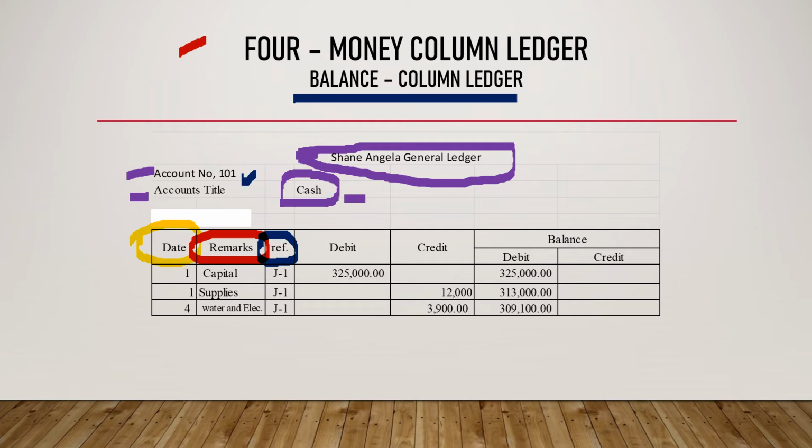Ibig sabihin, yung mga information na nakalagay dito ay galing sa journal page 1, or kadalasan makikita na ninyo dito ay hindi J1 kundi GJ, General Journal page 1. We have also the debit column, the credit column, and definitely what we call the balance column composed of debit and credit balances.